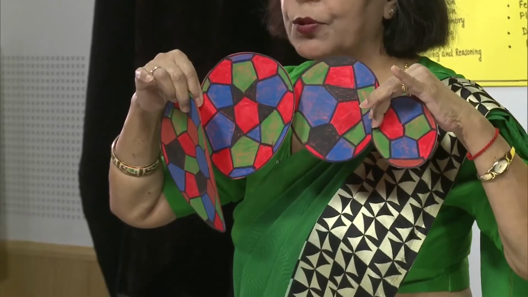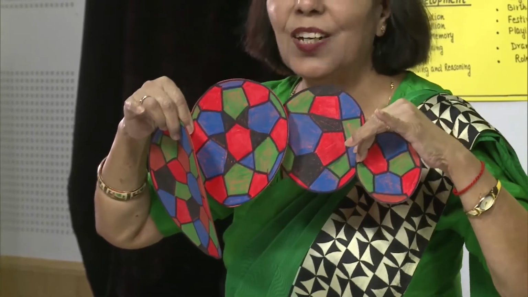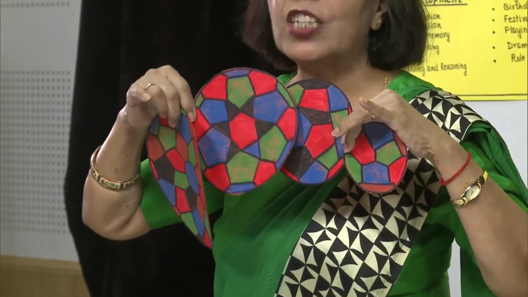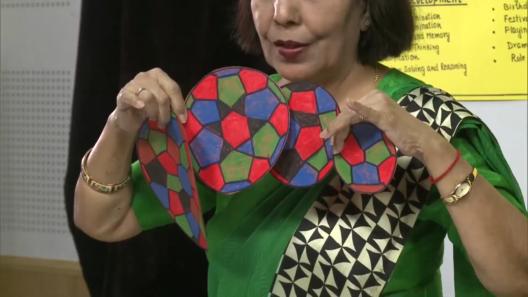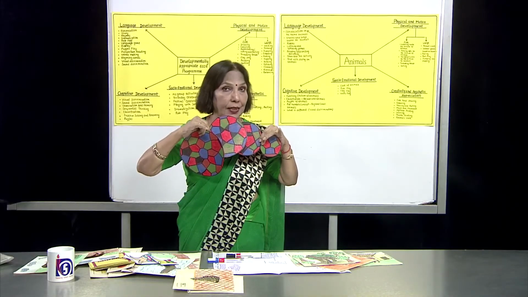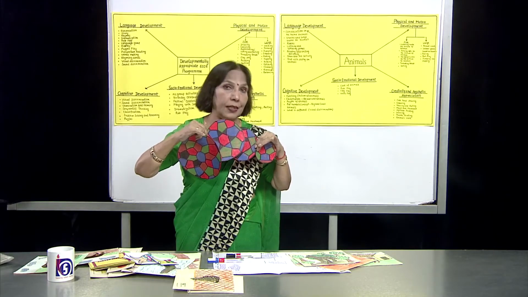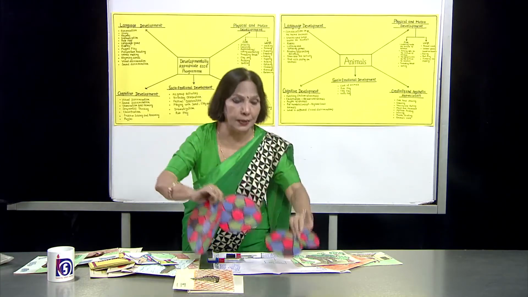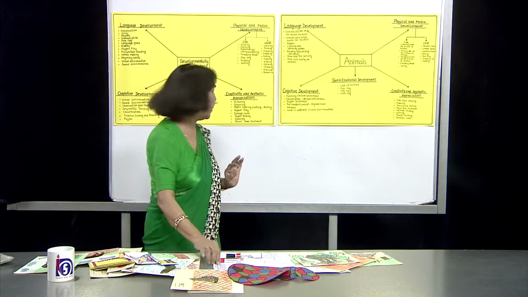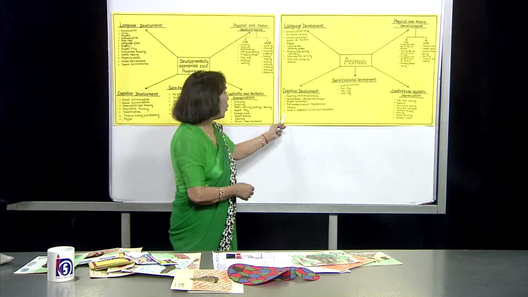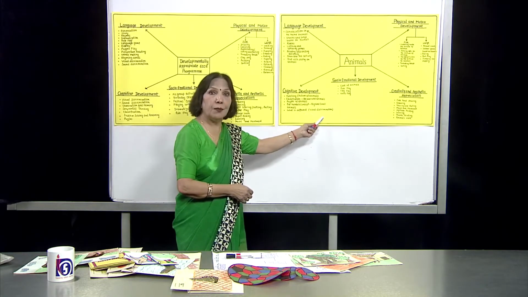So, ask them to arrange in serial order, and this is called seriation, ascending and descending order. Ask them to arrange it in ascending and descending order, and this activity is seriation.